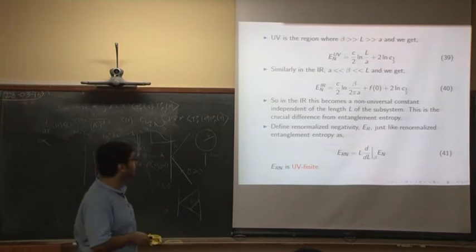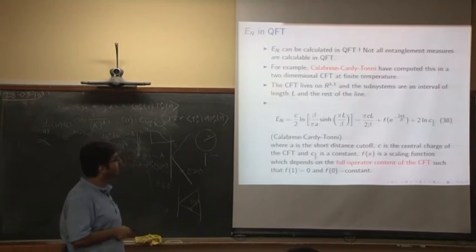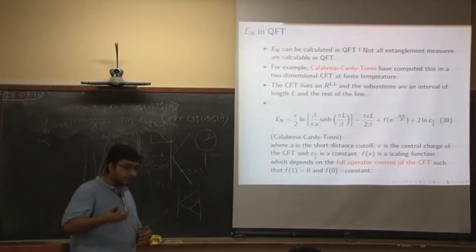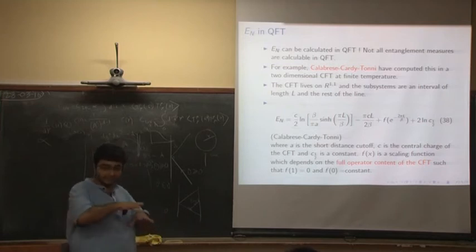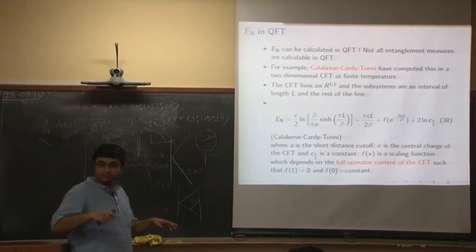They calculate for a 1+1 CFT. But then why are you saying that the CFT lives in R^{1,1}? If it is thermal, then it should be a cylinder, right? No, that's the Euclidean. Yeah, but then what is the length scale? Where is the temperature beta?